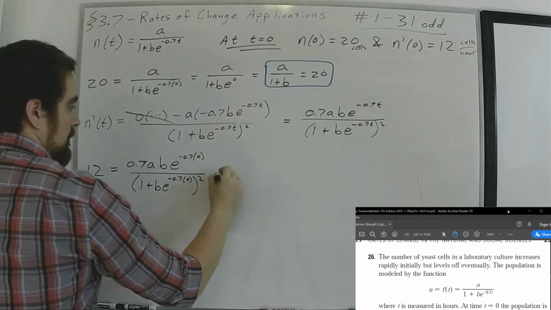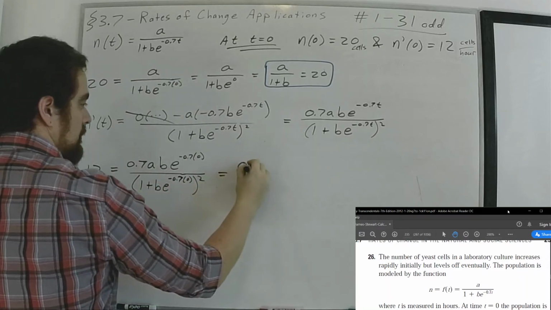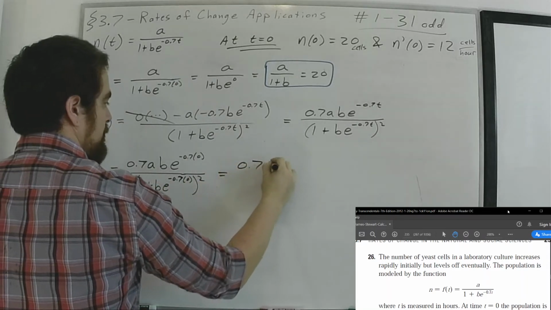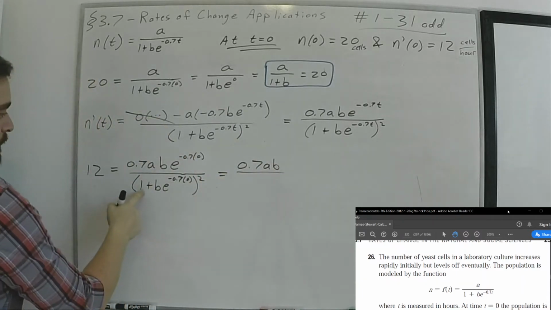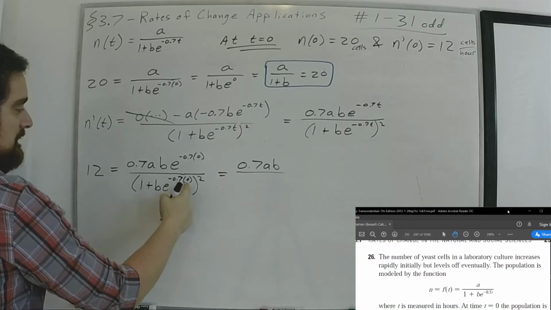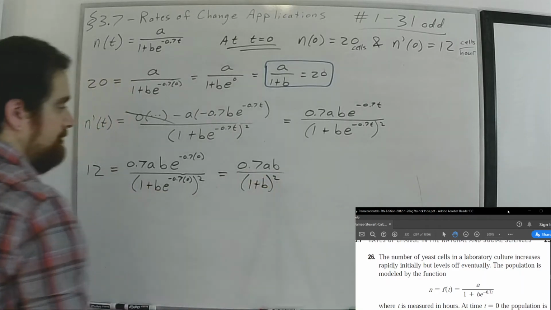That means 12 is equal to, since this is the derivative with 0 plugged in, 0.7 ab. This is e to the 0, so I'm just multiplying by 1. 1 plus b, this is e to the 0, so that's all it is, 1 plus b squared.